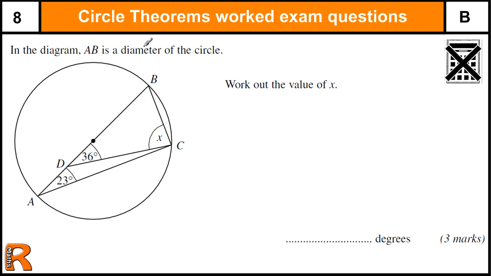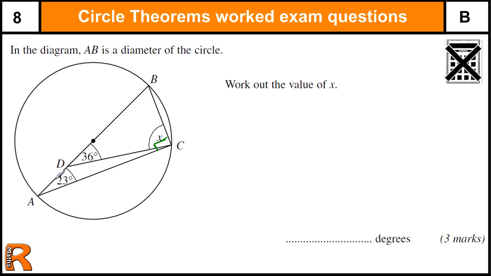Okay, in the diagram, AB is the diameter. Work out the value of x. Well, we know from earlier that any triangle formed in a semicircle, so from the diameter, is 90 degrees. So this angle in here is 90 degrees.